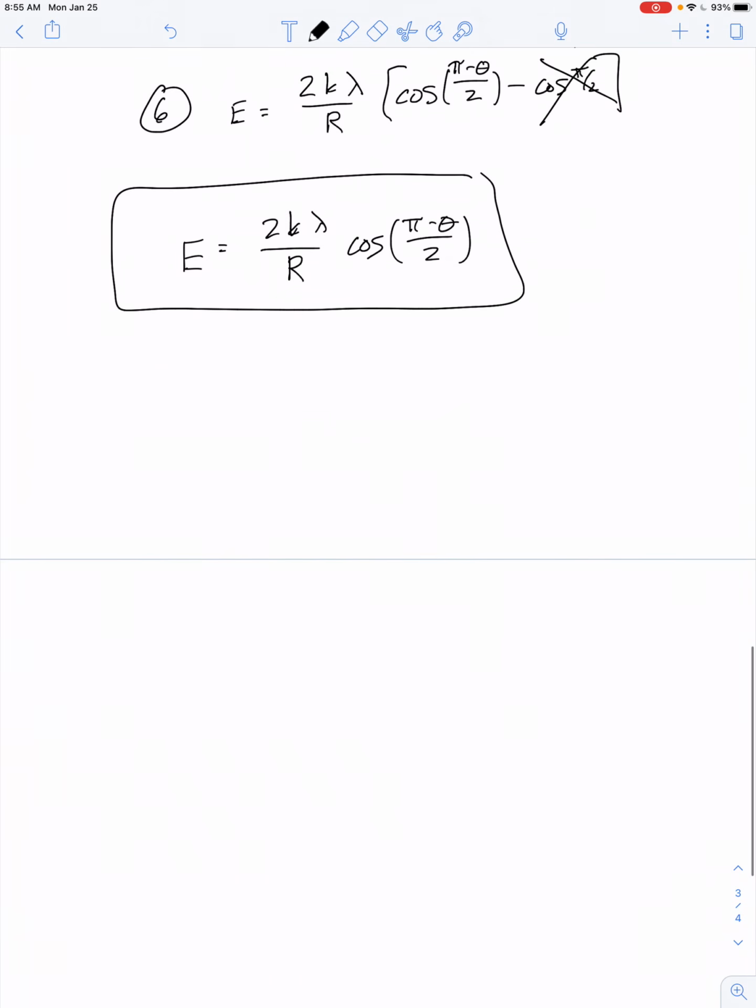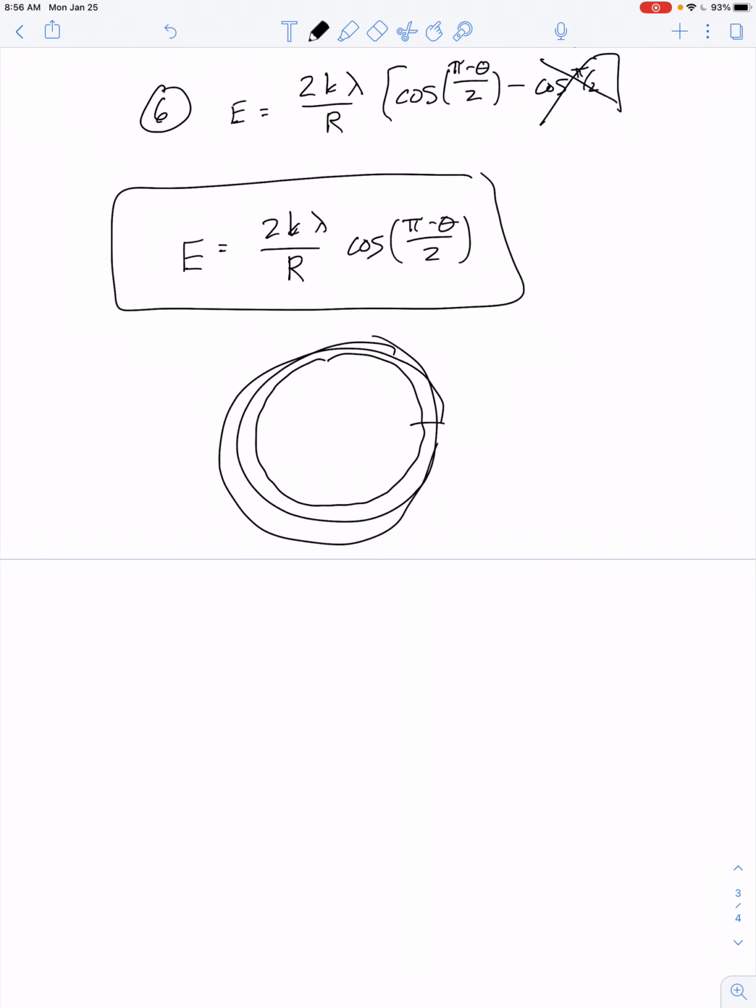Now let's think about what the result would be in the case where it's a full ring. So in other words, I guess we're saying that theta is equal to 2 pi. So we're going to be taking the cosine of pi minus 2 pi divided by 2, which is cosine of negative pi over 2, which is 0. And as we know, for a complete ring, the electric field at the center should be 0.